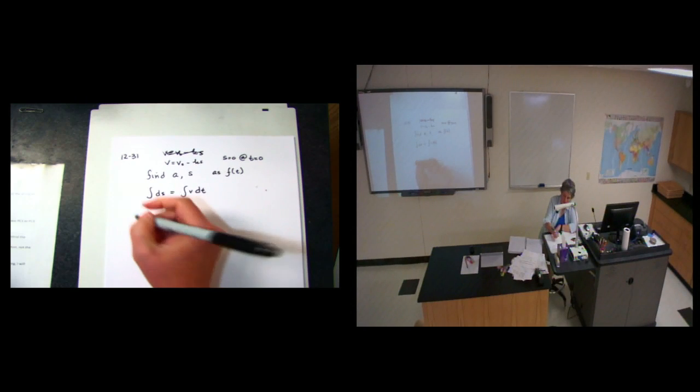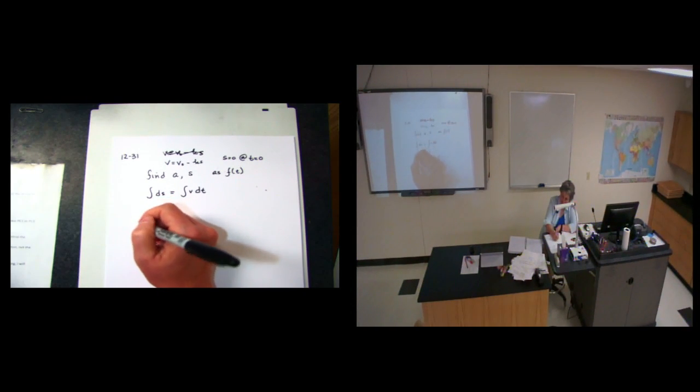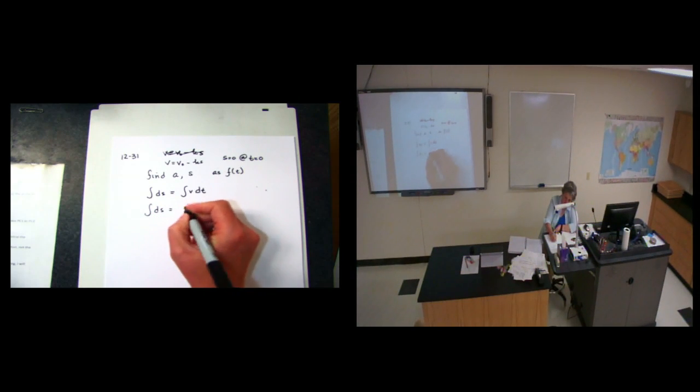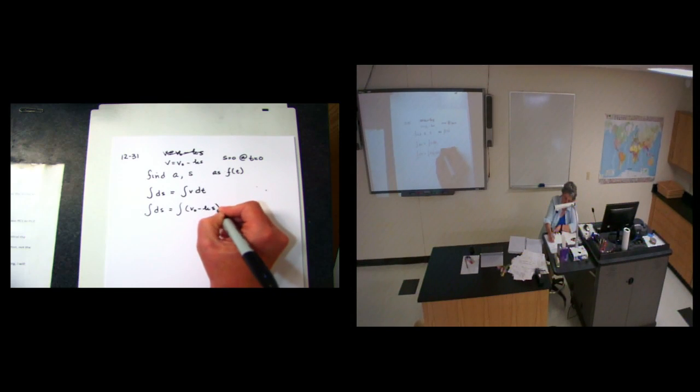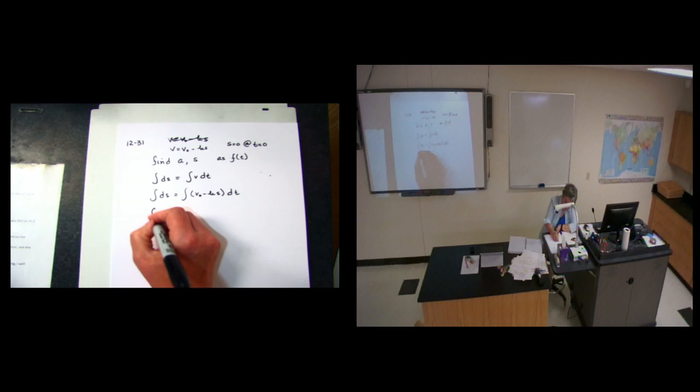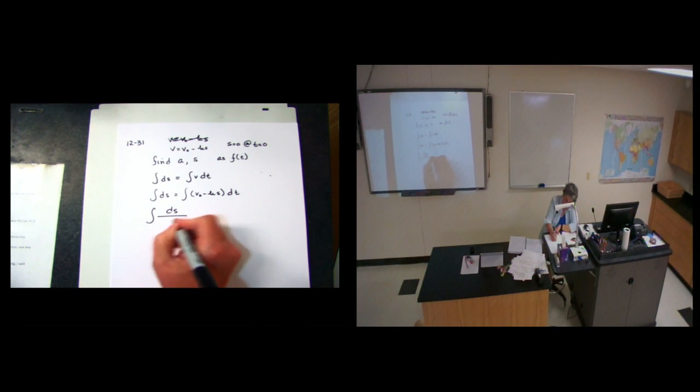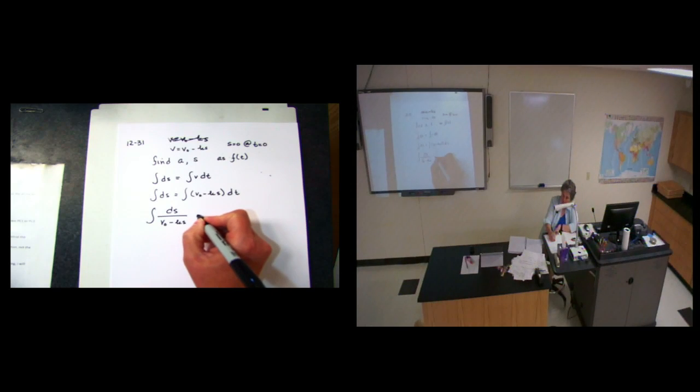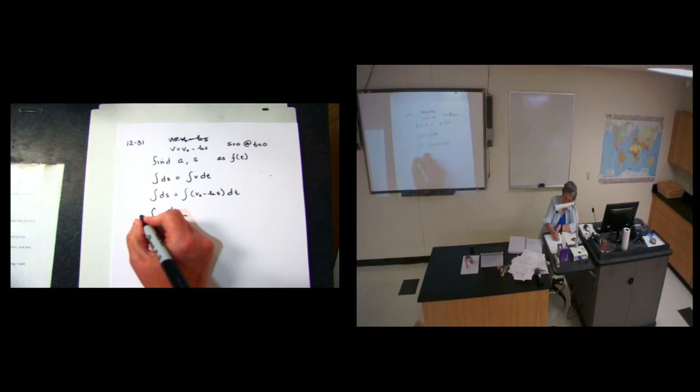Because the first thing I'm going to do back up here is I'm going to factor out the 1 over k. I'm going to put the positive in front. I'm going to put the negative in back. And now I'm going to end up with 1 over k natural log of v naught over v naught minus ks.